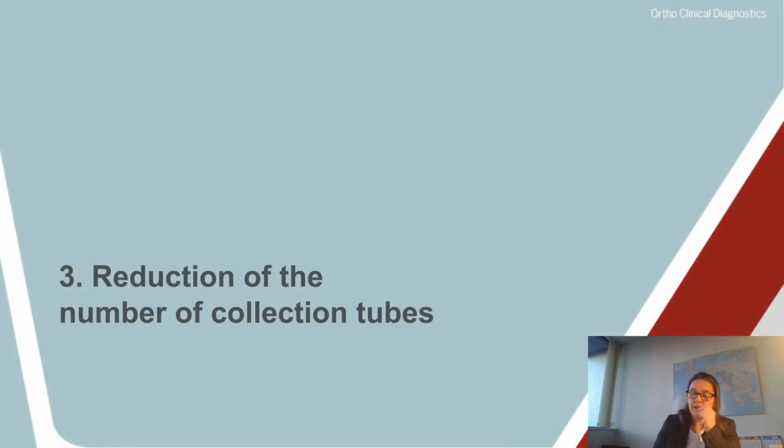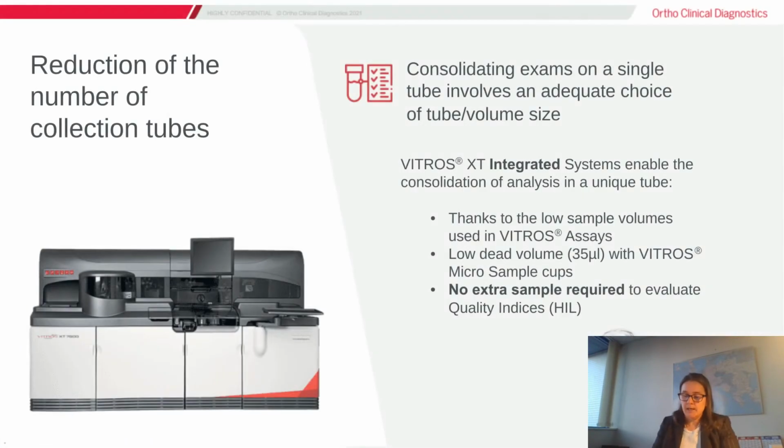Another aspect of blood conservation strategies is reducing the number of collection tubes. Whenever possible, consolidating exams on a single tube is the preferred choice. Vitros XT integrated systems enable the consolidation of analysis in a single tube, and this is fundamental.